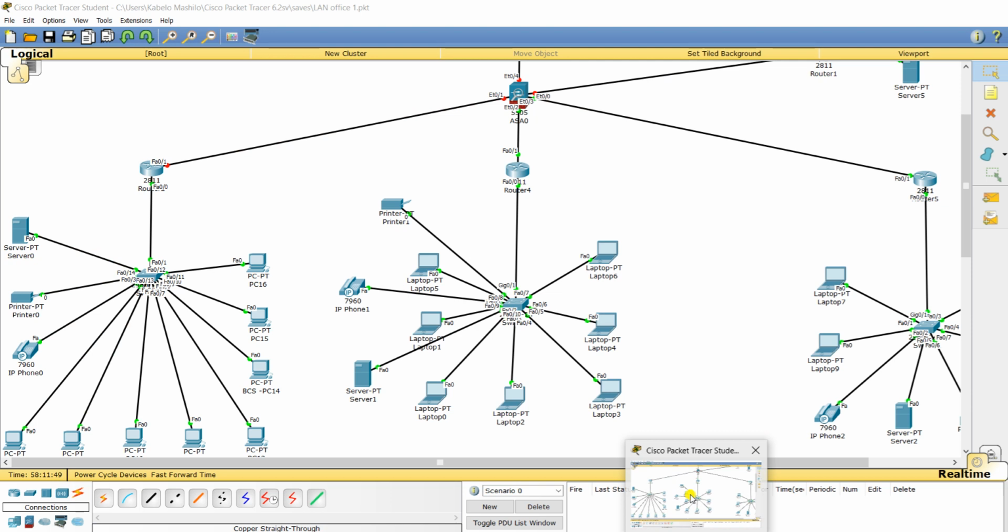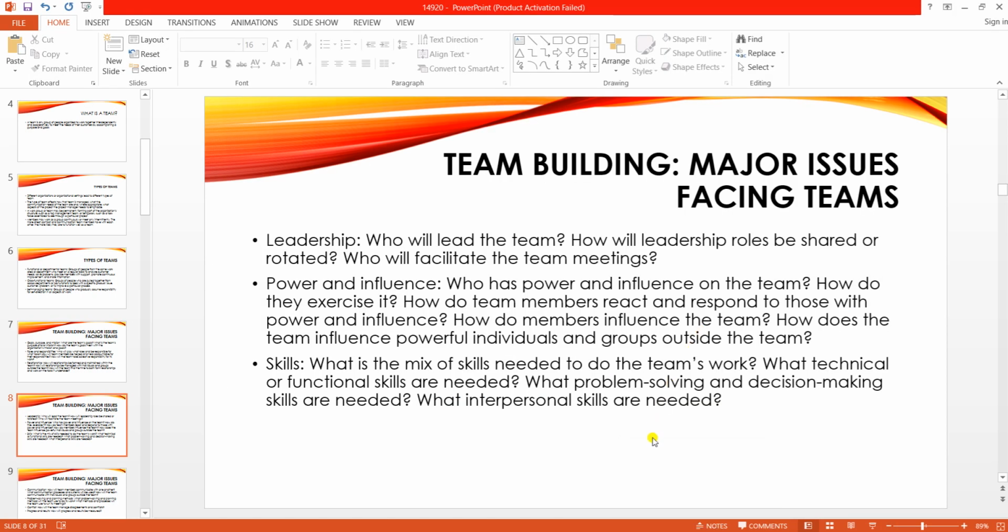It is clear in this exercise that we need people who have the expertise to configure the switches and the routers. And also what technical or functional skills are needed. As I've mentioned, for the networking team we need precisely individuals who have the expertise or the skills in configuring the switches and the routers.